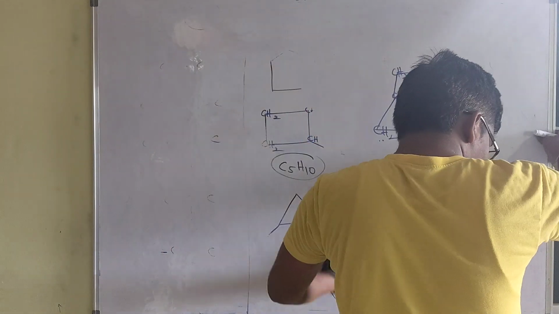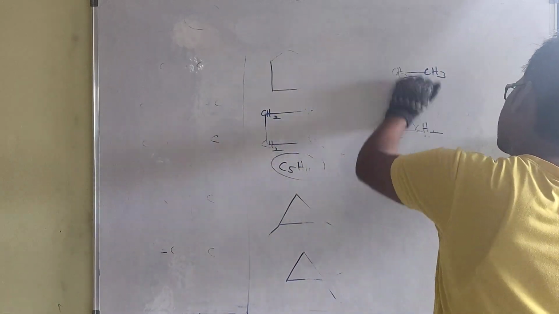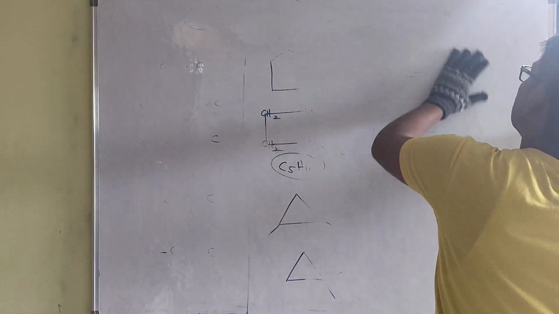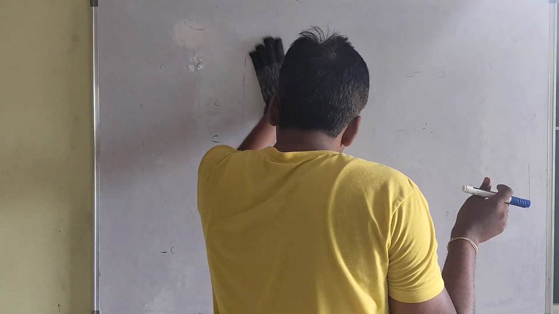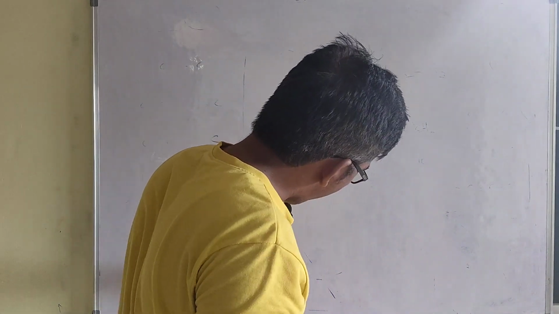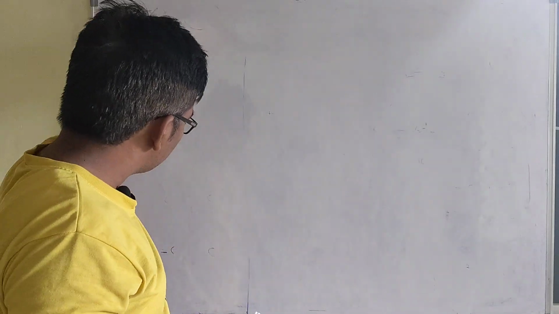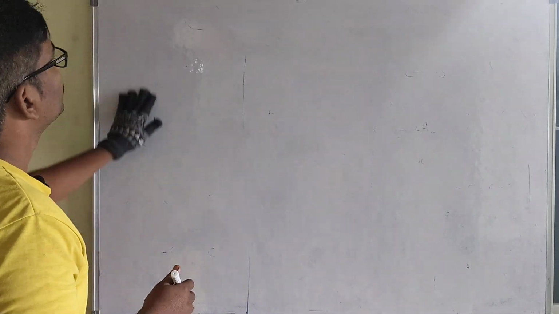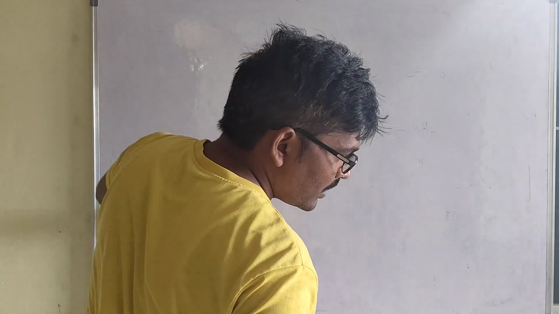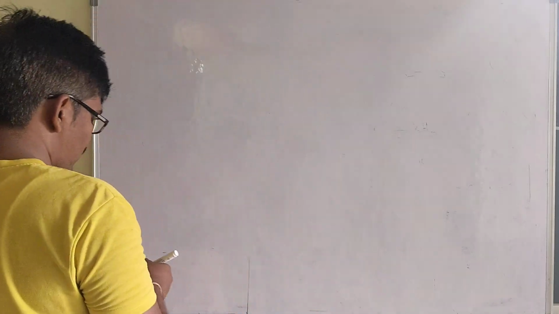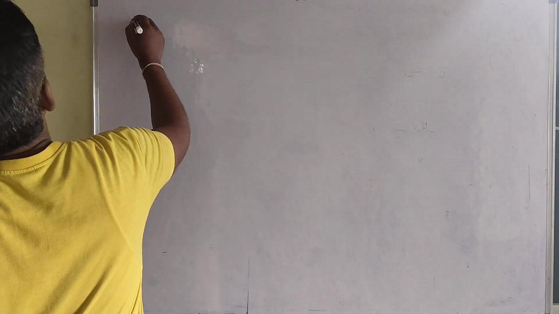That is the fifth example, C3H6O. How many total structural isomers are possible with molecular formula C3H6O?